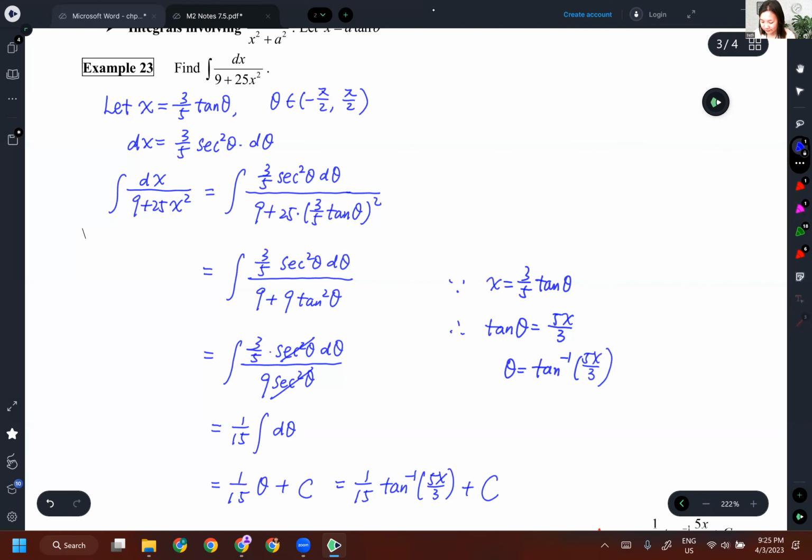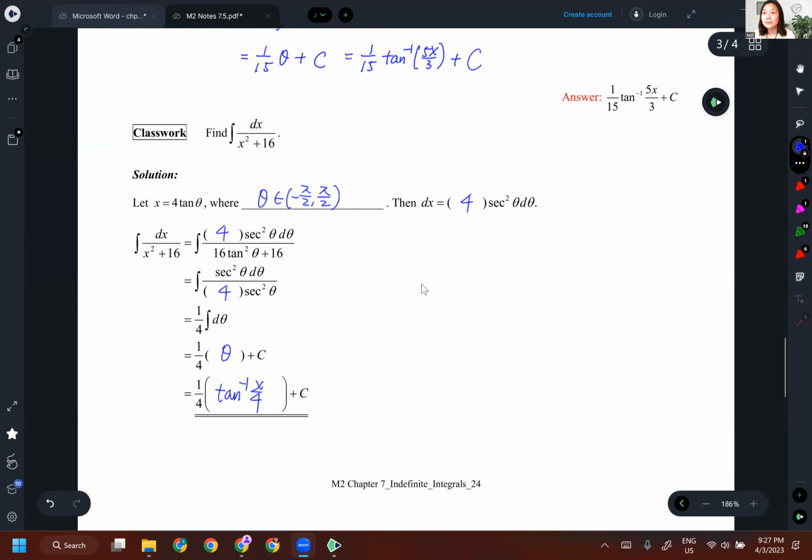Okay. Let me show you my answer. You use the correct substitution. In your homework, you have to decide the substitution yourself. Now you can kind of sense what the substitution is. If you have a 16, you think about 4.